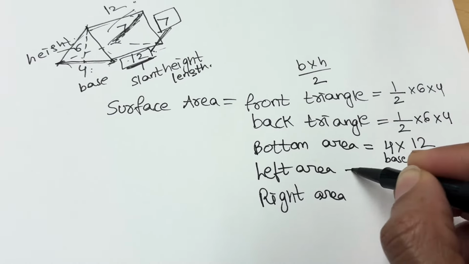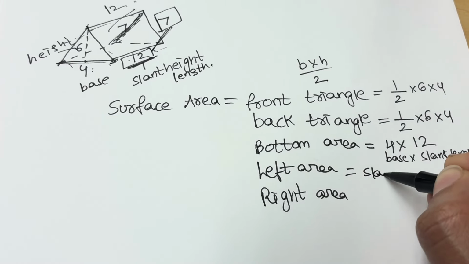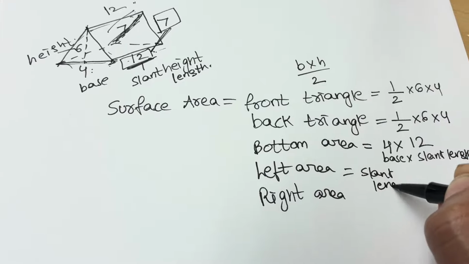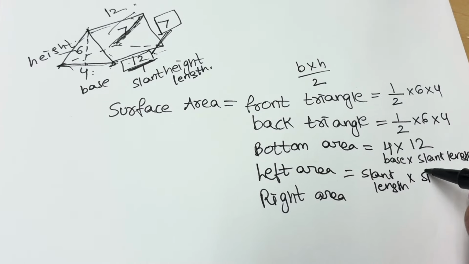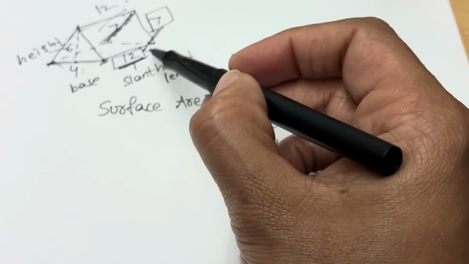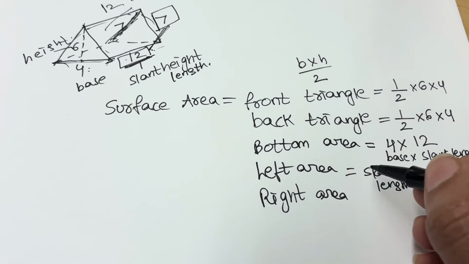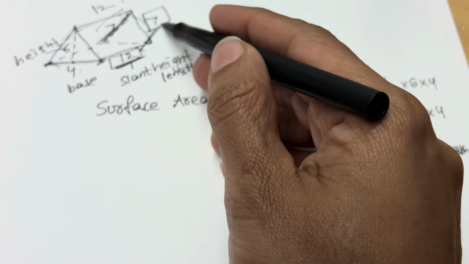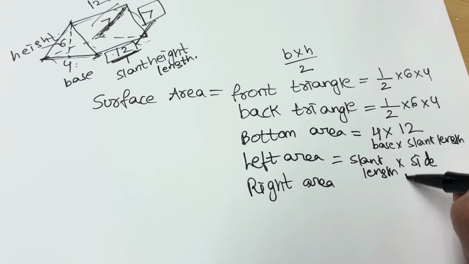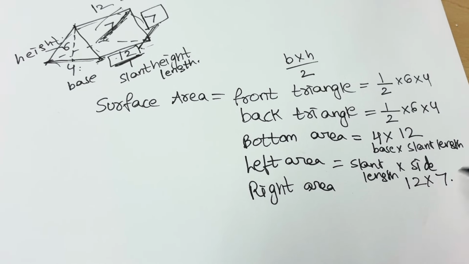And left area is nothing but slant length multiplied with side. What is the other side here? The other side is 7. So it would be 12 multiplied with 7.